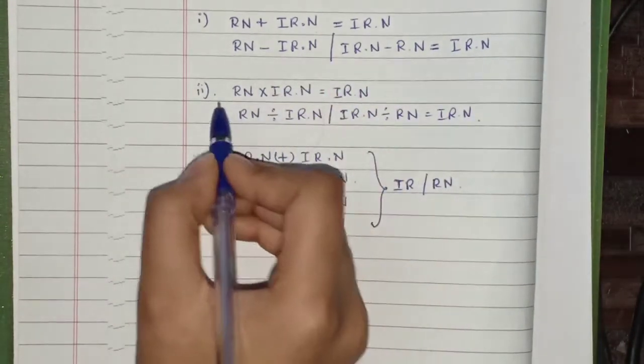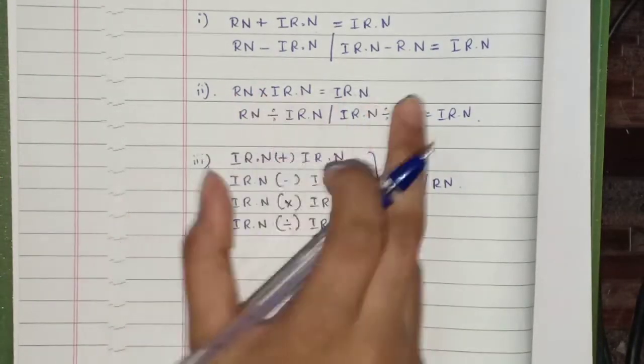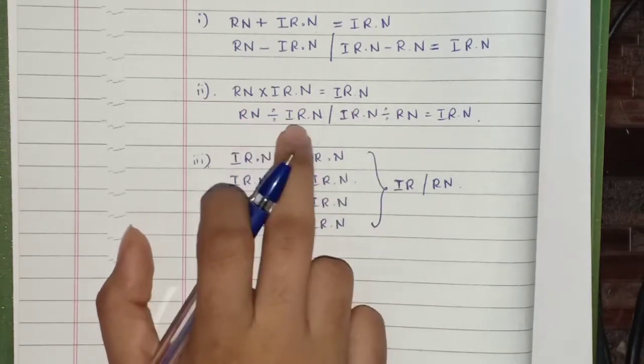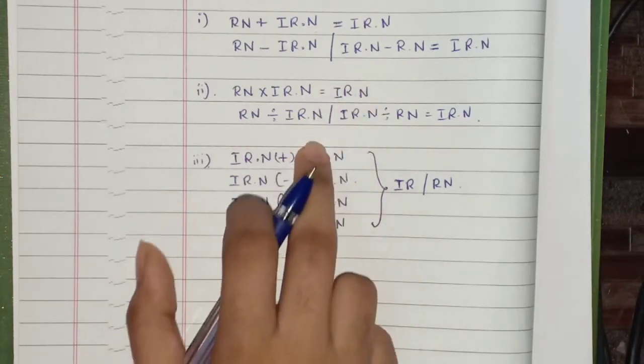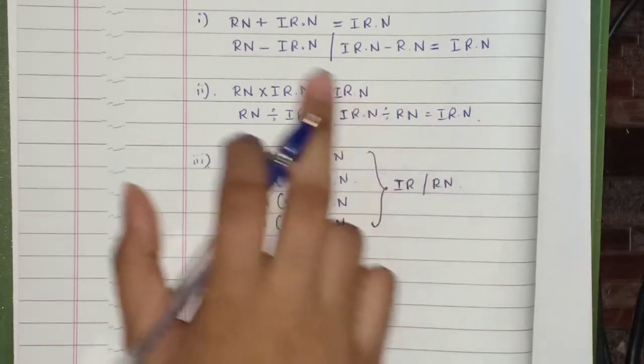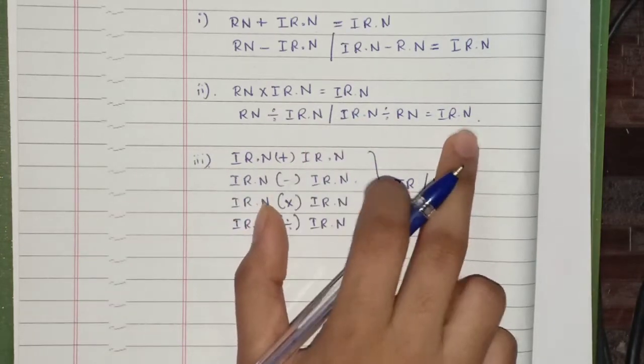To make it convenient for you, I've written it like this. Don't get confused, please. The second basic point is that the product of a rational number and an irrational number is an irrational number, and the quotient, that is rational divided by irrational or irrational divided by rational, is irrational. What they mean to say is the product or the quotient of rationals and irrationals will always remain irrational.